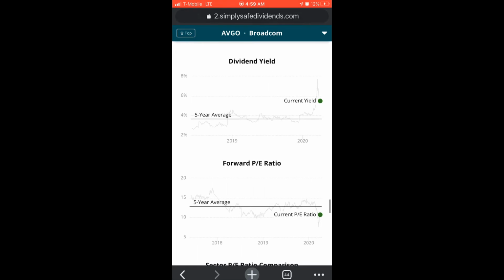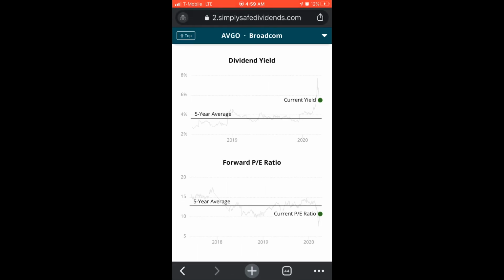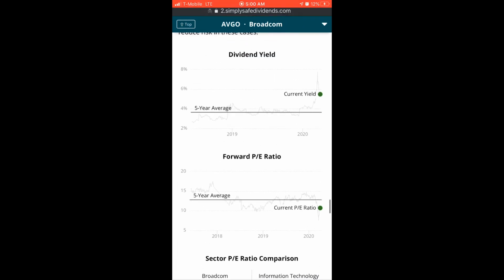I like this part here. It tells the historical dividend yield. So you want to buy a company that has a very high dividend yield compared to the historical, which means the stock is undervalued. The P/E ratio the same. You want a P/E ratio that's below this average line, so it means that you buy a stock that's undervalued.